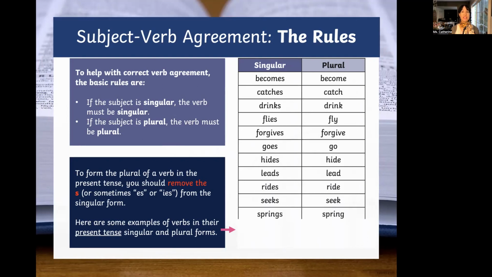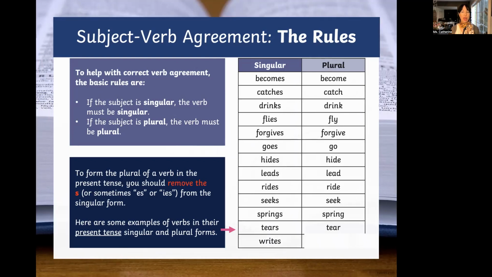Springs becomes spring. Tears, not tears, tears, such as she tears the piece of paper. Tears becomes what? Tear. Okay, so again, to form the plural of a verb in the present tense, which is now, you should remove the S, ES, or IES from the singular form to make it plural. Did you get it? Good.